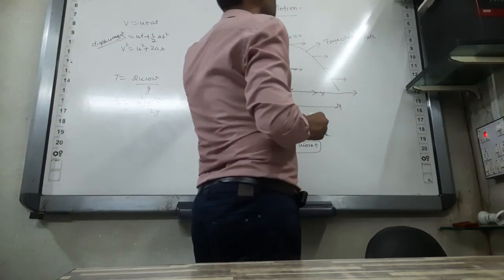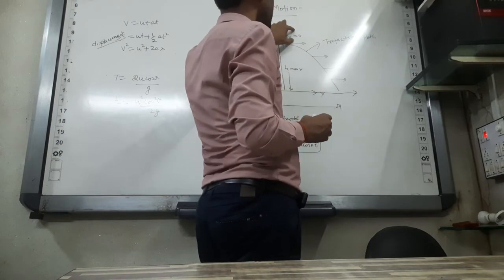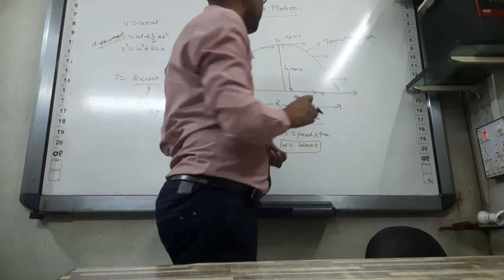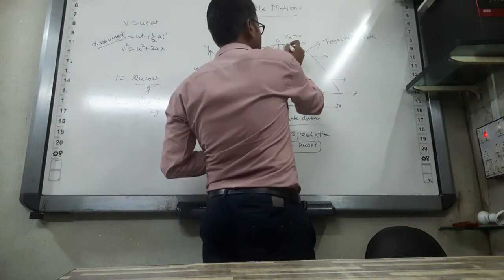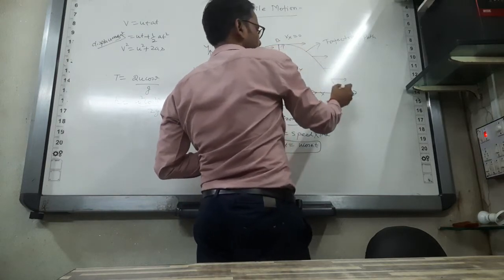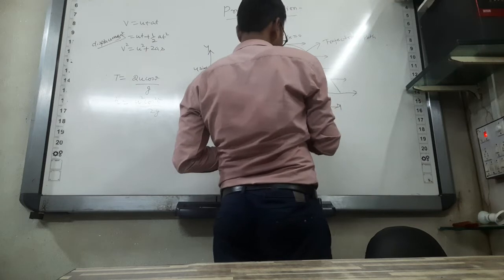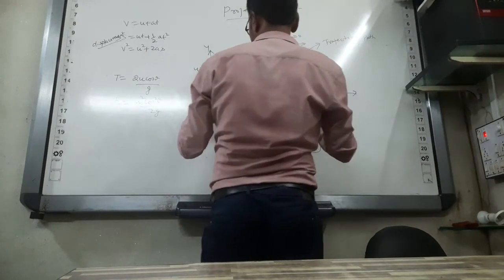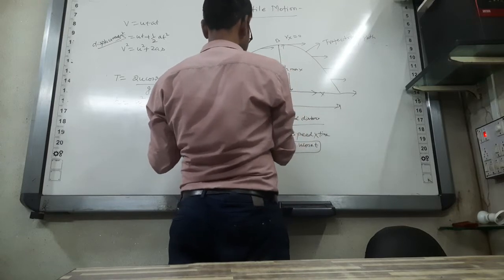At maximum height, the vertical component of velocity is 0. So the speed of the object decreases, and it covers this distance. This one is known as the range, and this is half of the distance.